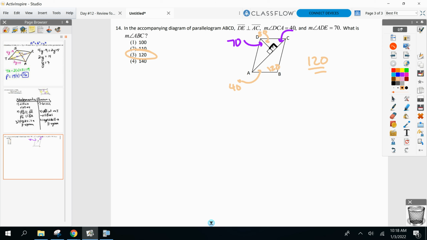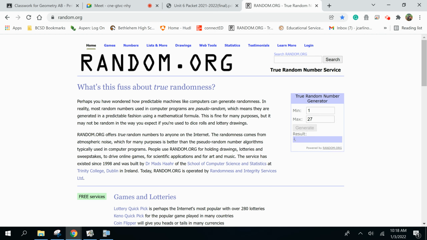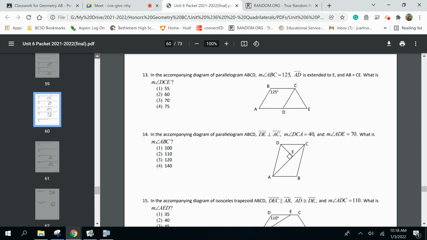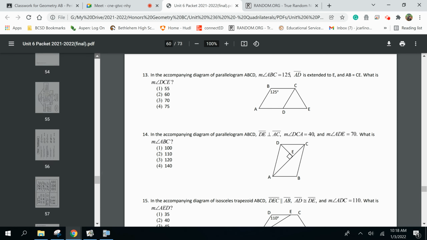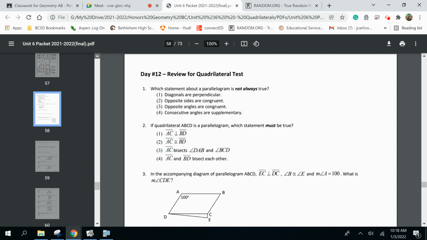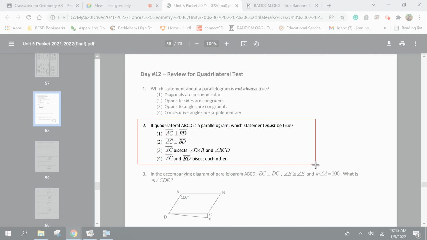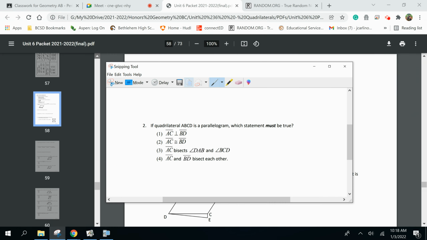Woo-hoo, moving on. Number 2. Parallelogram, which statement must be true?